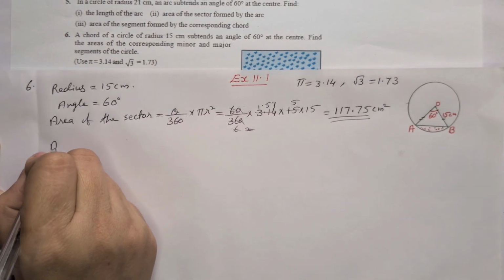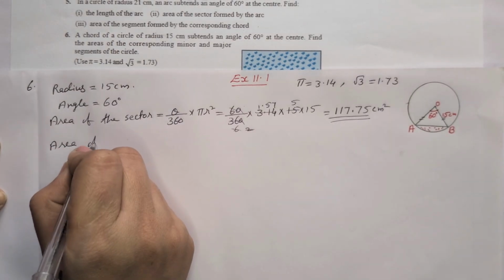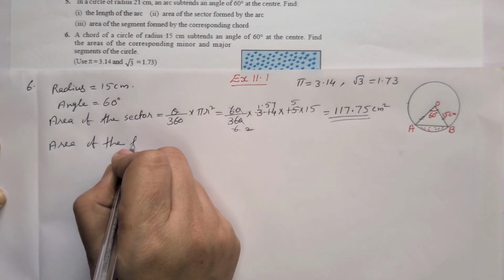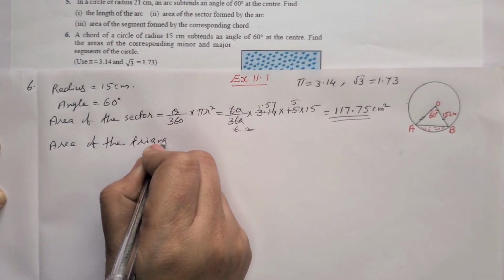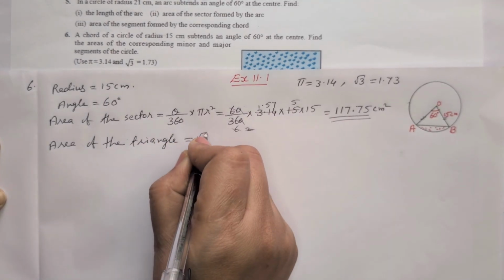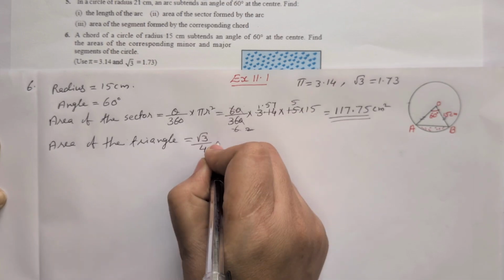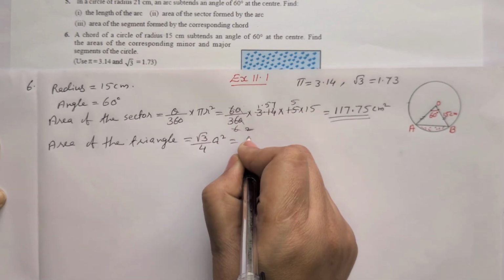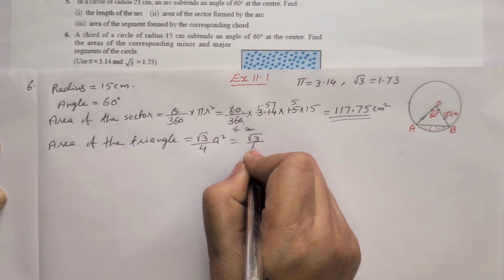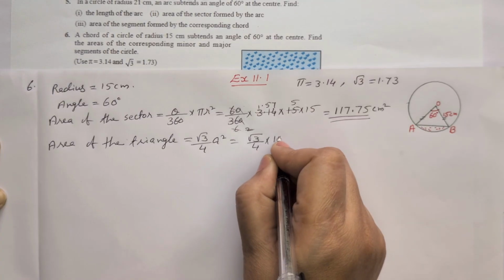Now area of the triangle is equal to root 3 by 4 a square, which is equal to root 3 by 4 into a is 15.